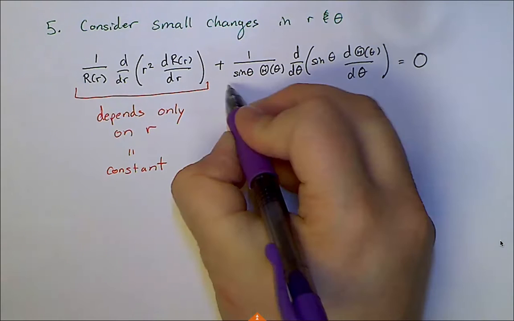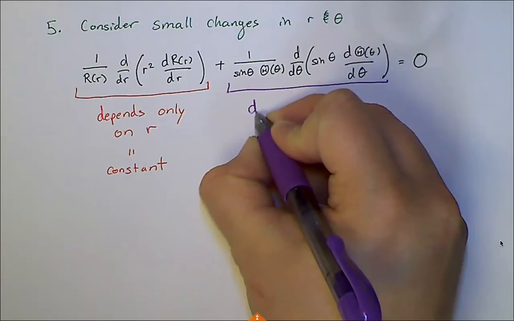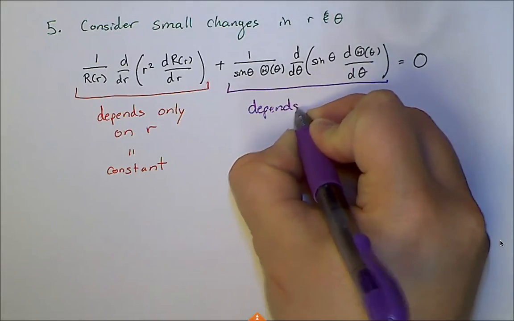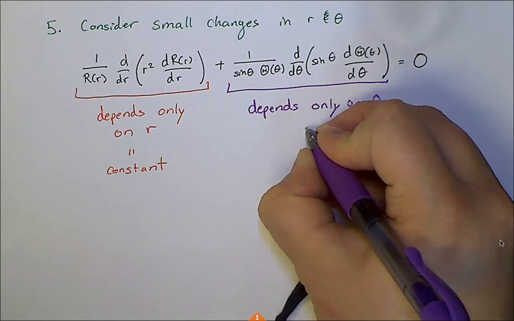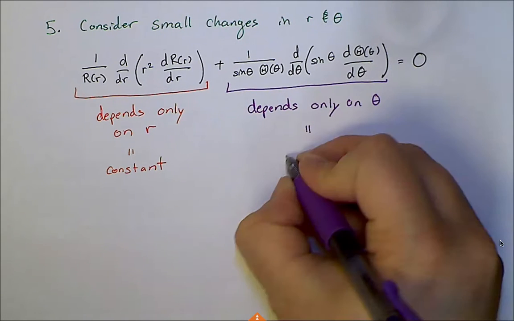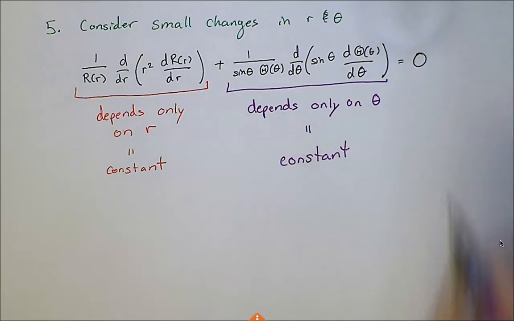And the same is true with the second term. This depends only on theta, and if theta varies a little bit, or even a lot, this has to remain constant.